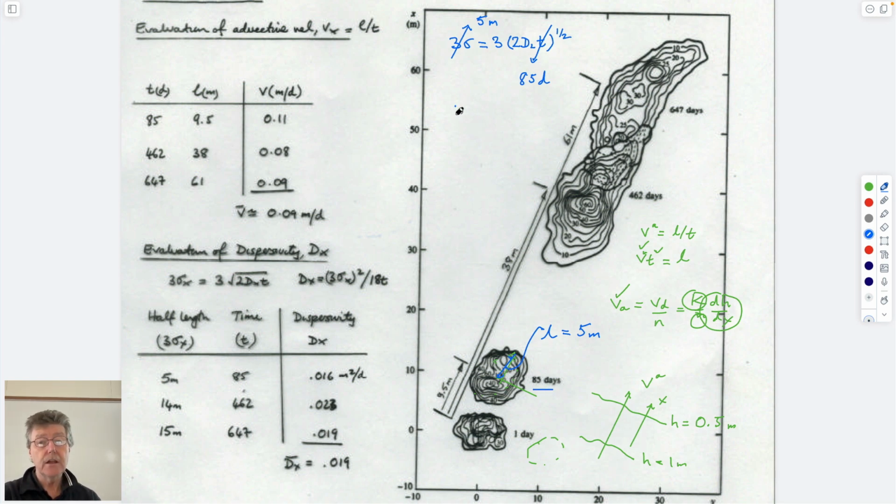And so you can calculate longitudinal dispersivity, as long as you use the right units. I guess if you use the units here, you'd get DL in terms of meters squared per day. Could be legit units.